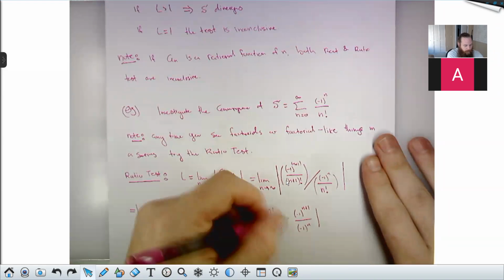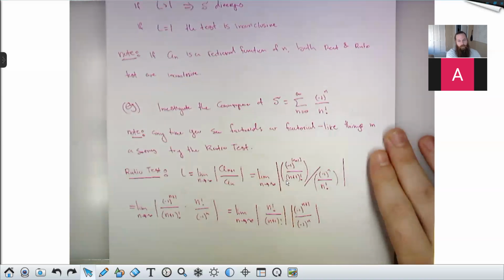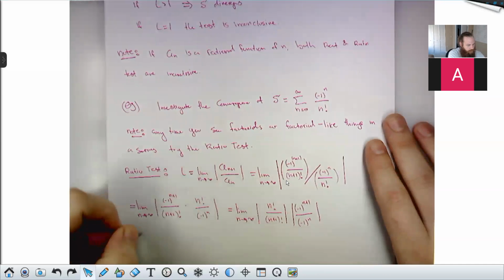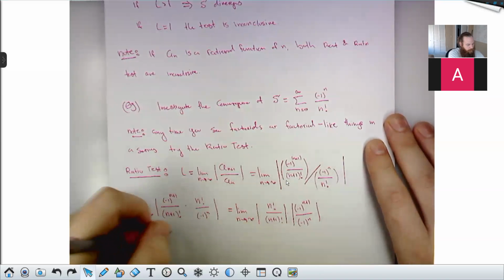And I can split up the absolute values. Absolute values play nice with multiplication. Now the second piece right here, (-1)^(n+1) over (-1)^n, that's just -1. And the first piece is positive, n factorial over (n+1) factorial.